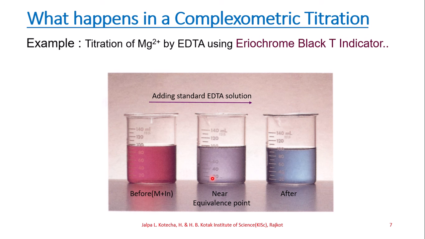Near the end point you will get some color. Actually the color change we want is wine red to blue. In between you will get something like a violet color. That is not the end point, but it is near the end point or equivalence point. So wine red to blue is the end point.